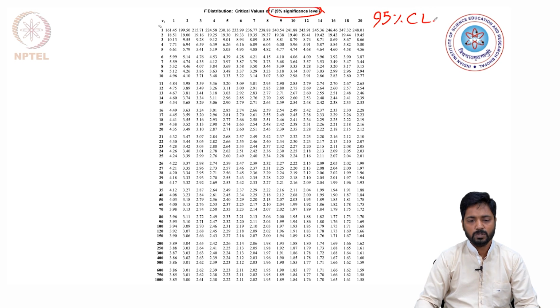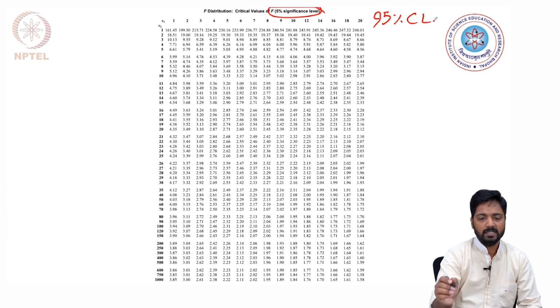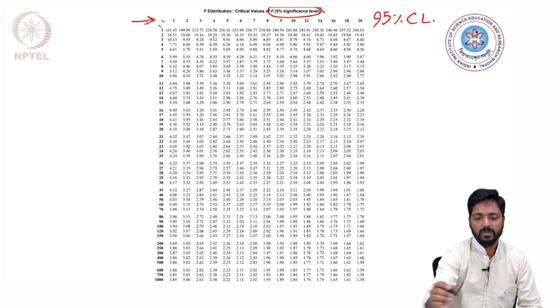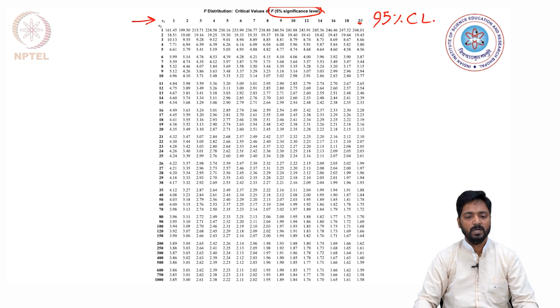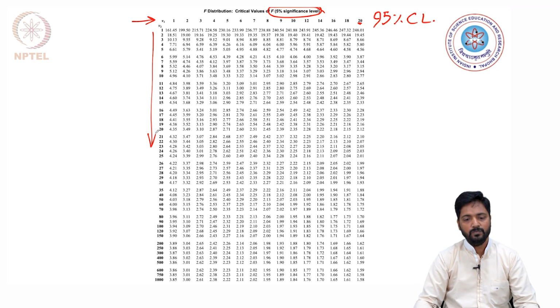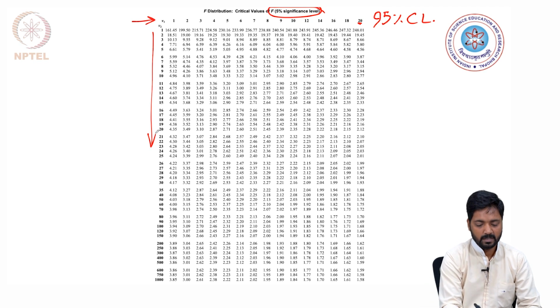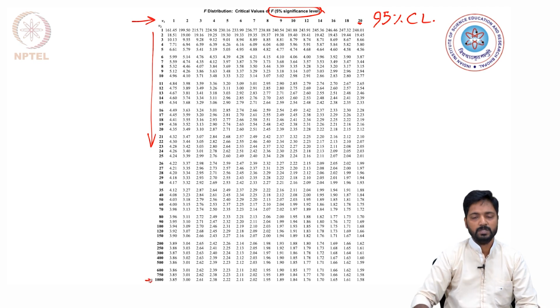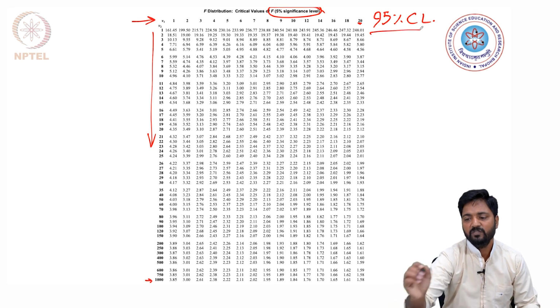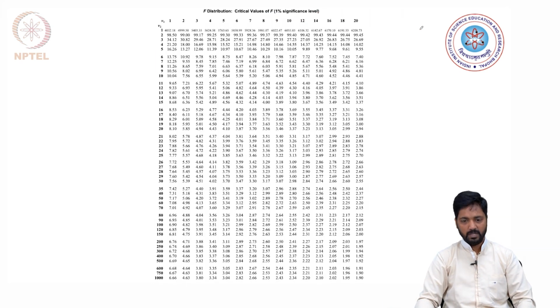So I also want you to note that you have a nu1 value, which is in this case tabulated up to 20 degrees of freedom, and similarly you have a nu2 value which is tabulated up to 1000 degrees of freedom. So this is the table that we have at 95% confidence level.